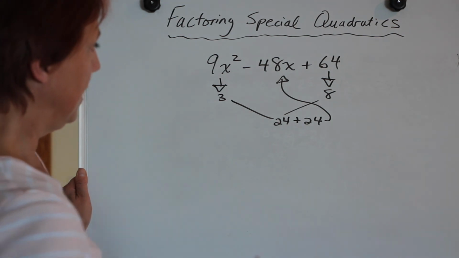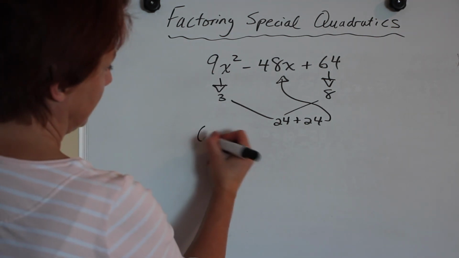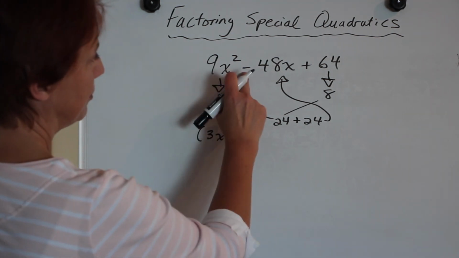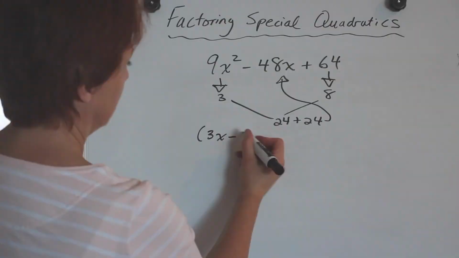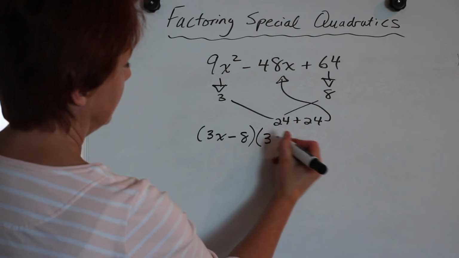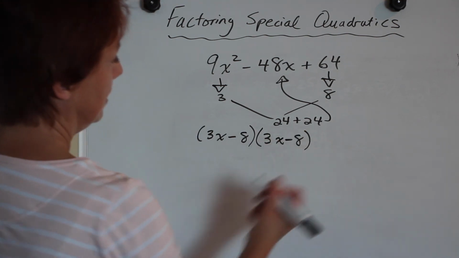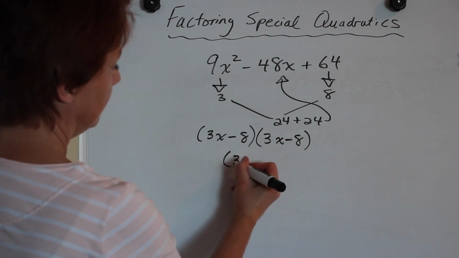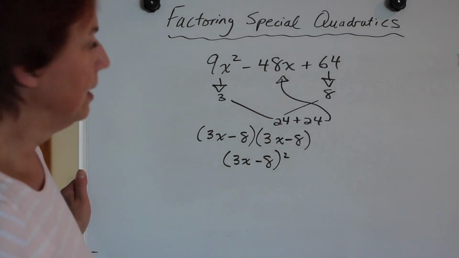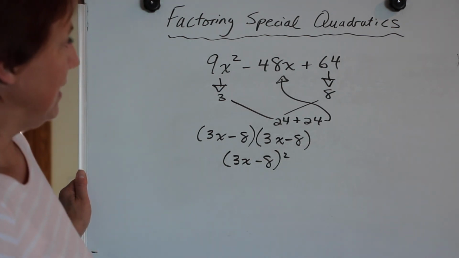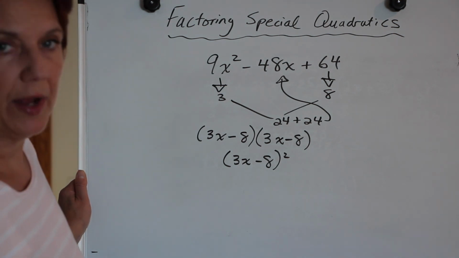So then the way we factor it is we just take the square root of the first term, which is 3x. We subtract, because it's a minus sign, the square root of the second term, which is 8. And we can write the other 3x minus 8 behind it, or we can write it like that. Okay? So that's it for factoring special quadratics.